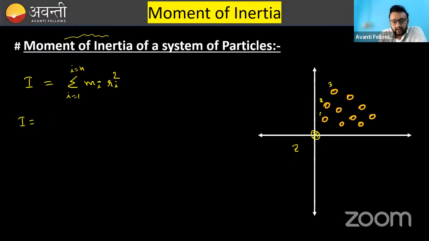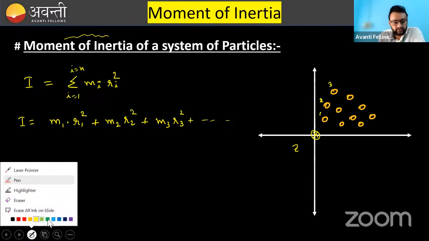Mass of the first particle, m1, into perpendicular distance squared. r1 is the perpendicular distance from the axis. For the second particle, you will write m2 r2 square, and for the third particle, m3 r3 square, and so on. This is how you write moment of inertia.